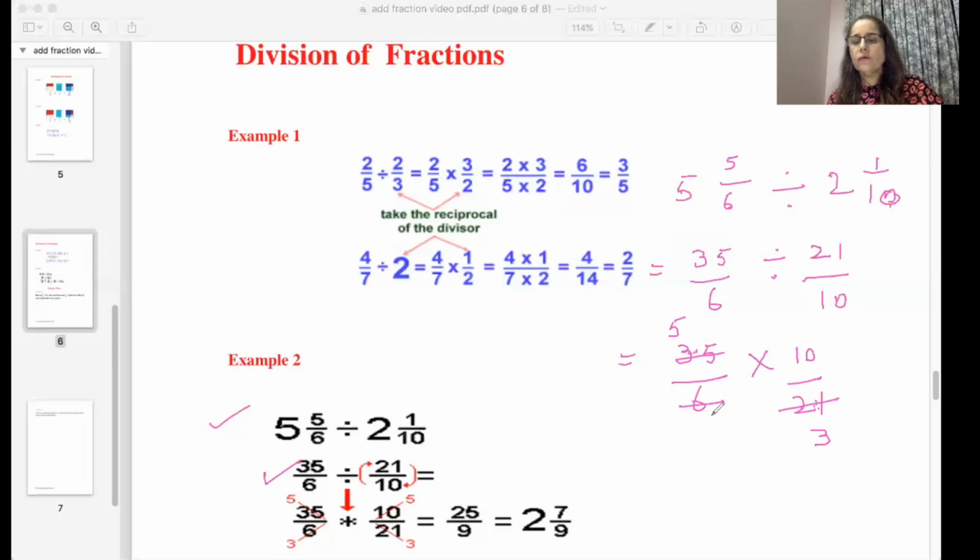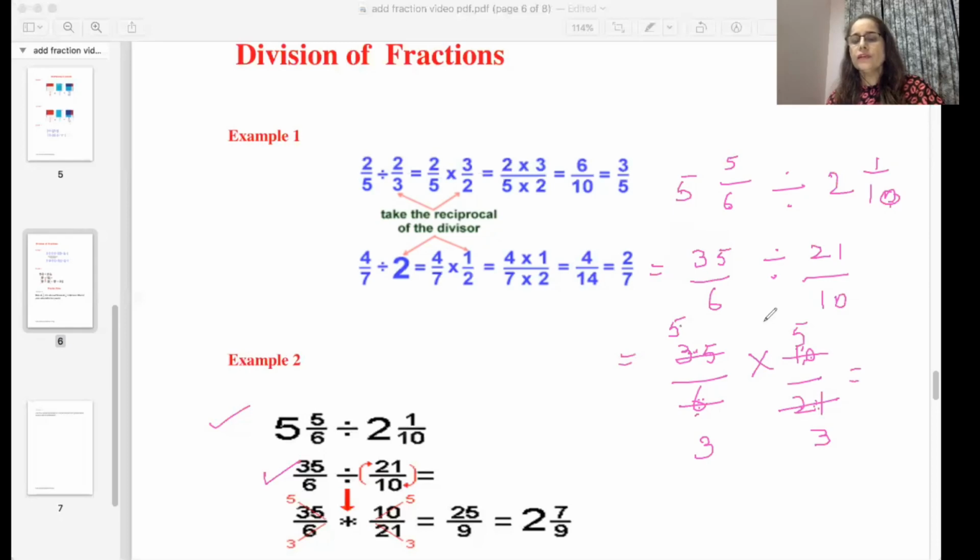Now 2 is the factor of these two numbers. So 2 divides 6 and 2 divides 10 also. What will we get if we divide 6 by 2? It will be 3. Now dividing 10 by 2, which is equal to 5.